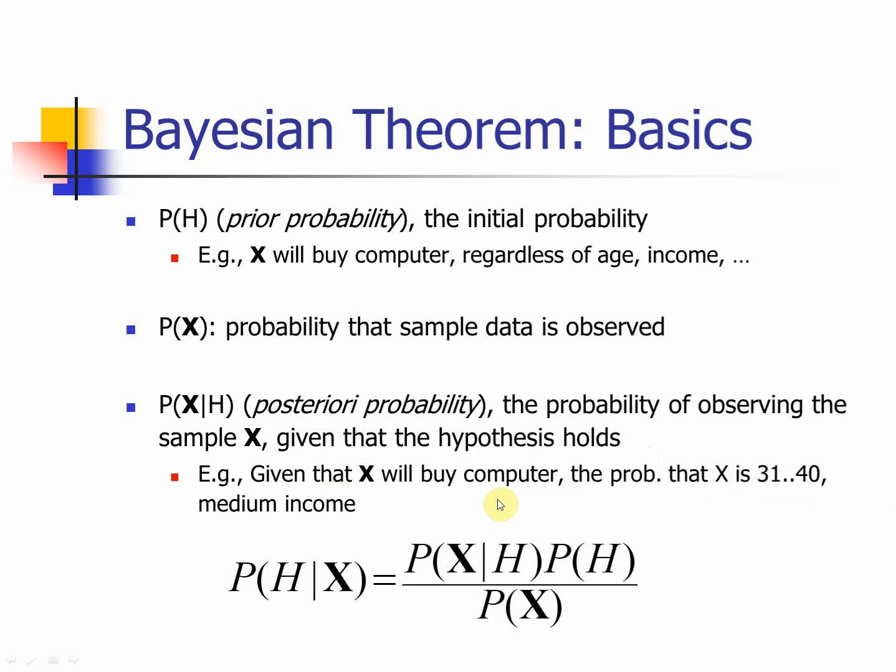And we can see the example is pretty straightforward. Since X in our example has 4 attributes, we need to separate those 4 attributes and discuss them one by one. For age less than or equal to 30, how many cases in our training data set hold under the condition that they will buy a computer?